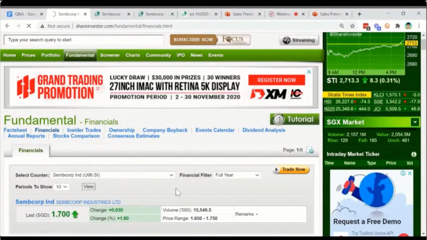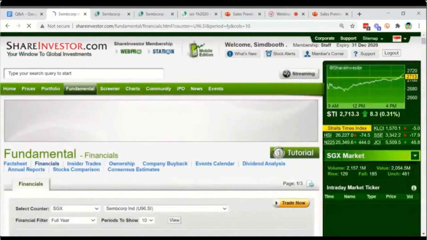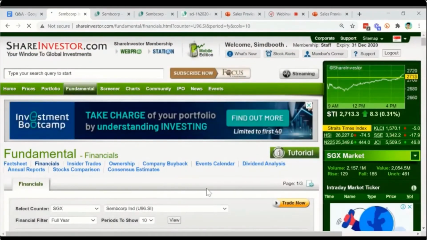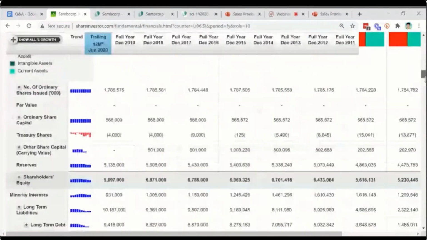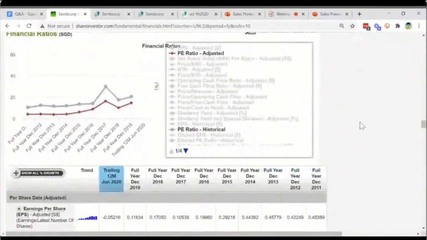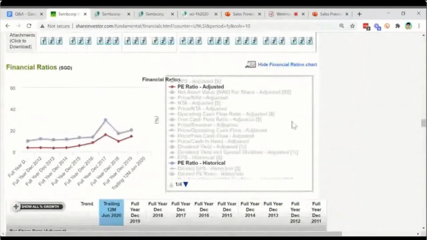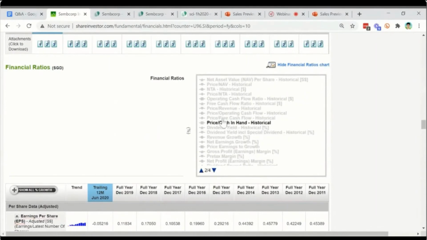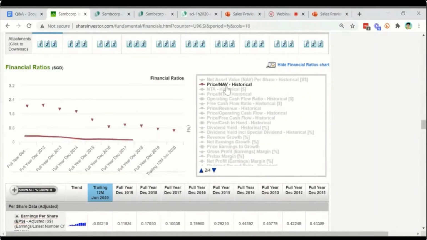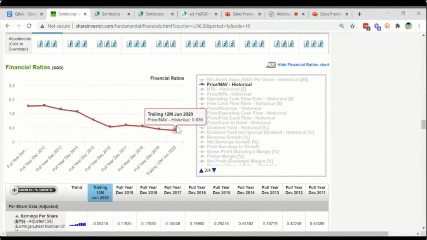Because Sembcorp Industries, when you look at their business model, is kind of an asset heavy business, when we want to analyze whether it is in a good valuation right now, we can go down to look at the price to book ratio and its history.